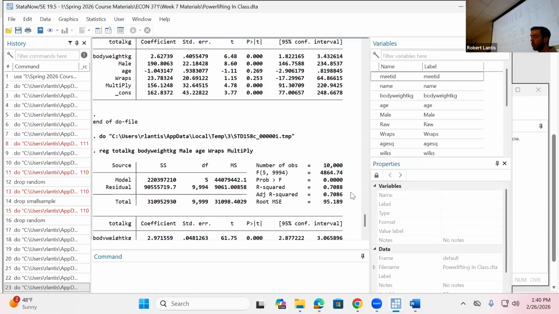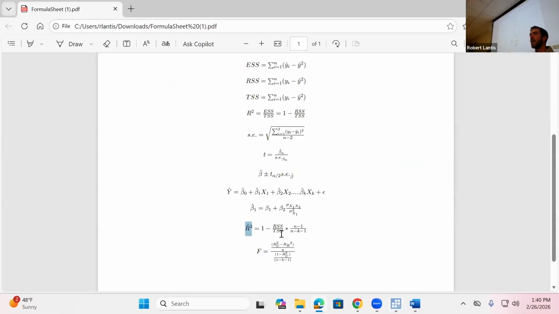Okay? So you should know how to think about these equations, and you'll have these formulas on the exam, and how changes in either the sample size or the number of variables included is going to change that adjusted R squared. If you were to increase your variables, as we add in more variables, what do we say is going to happen?